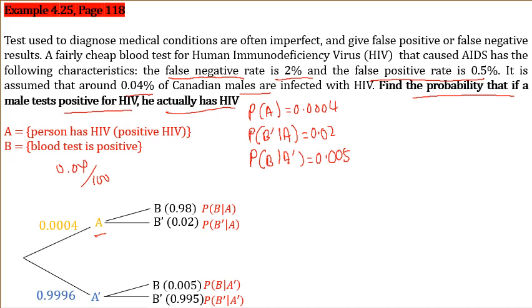It means the probability of B given A complement. Here the false negative rate is 2%, 0.02, B complement given A. Okay, you should understand the question carefully.